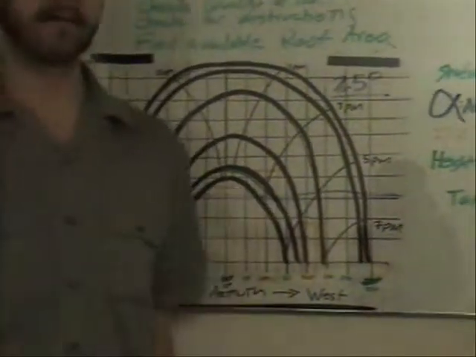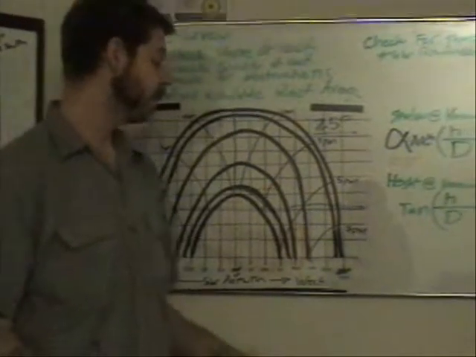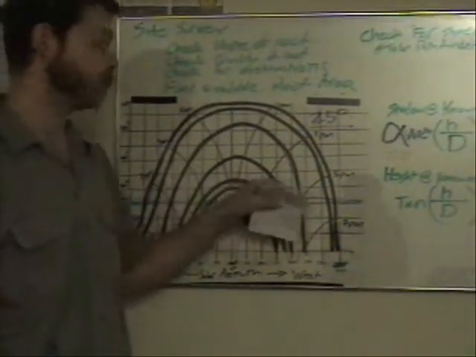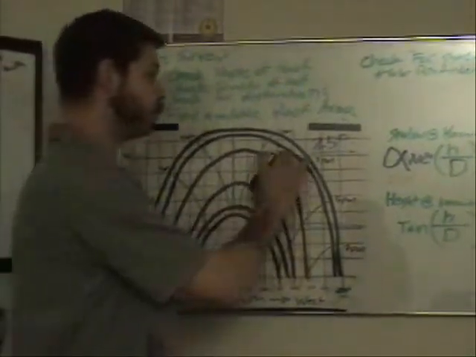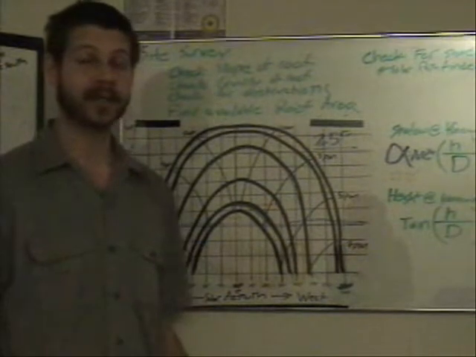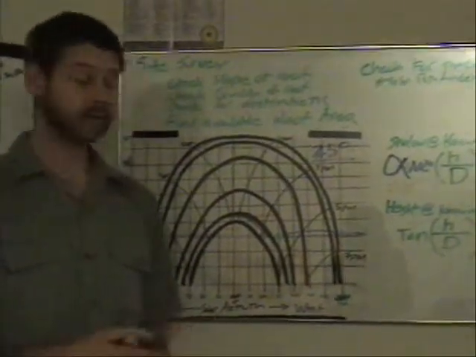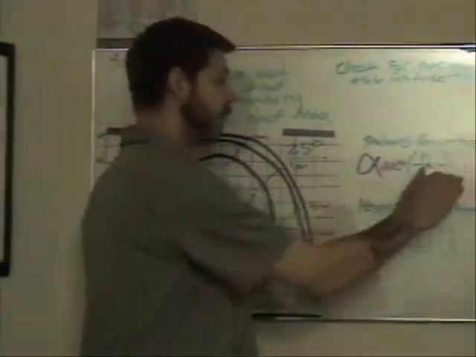Objects that have an altitude angle of less than 25 degrees will not affect shading between 9 a.m. and 3 p.m. solar time in this location. That angle will vary depending on your location and your latitude. Okay, so the first thing we're going to solve is the top of that stairway.